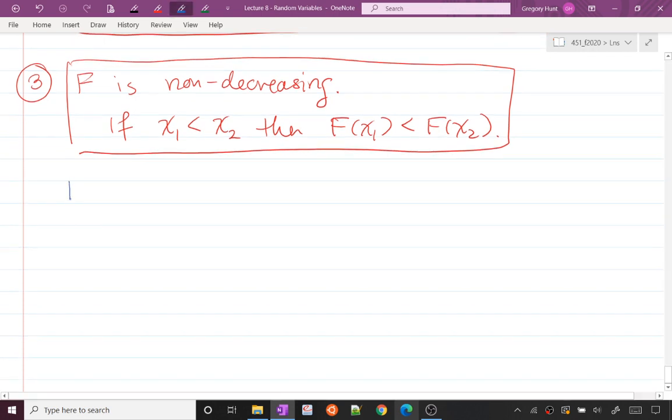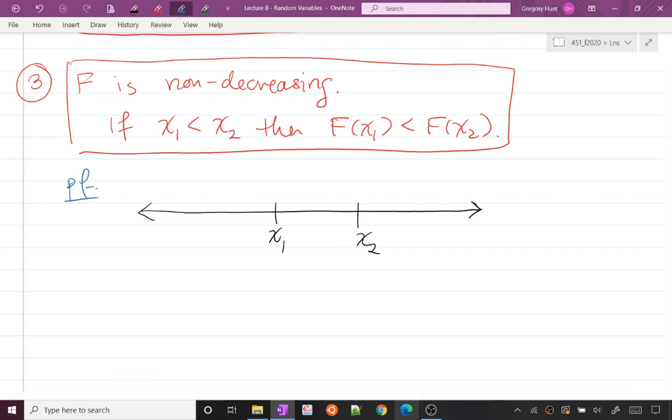Okay, now here's a clever little proof of it. No tricks at all. It's just going to use some basic facts that we've built up in the lecture today. So here's my x1. x1 is less than some other number x2.